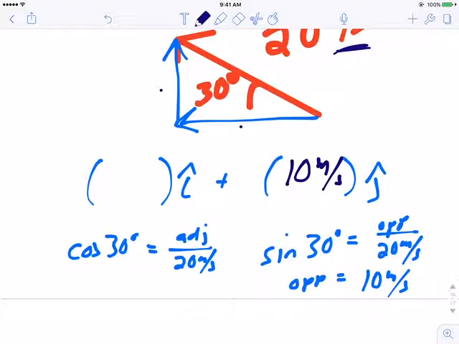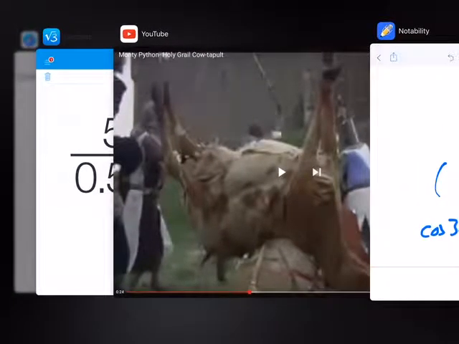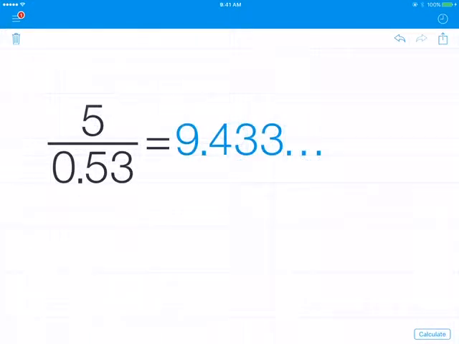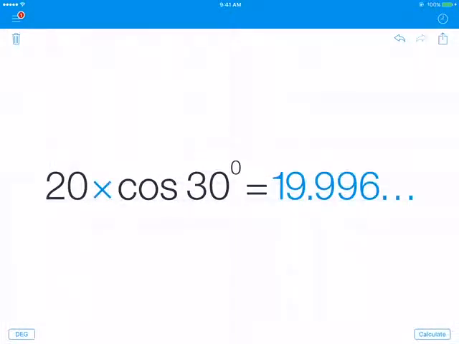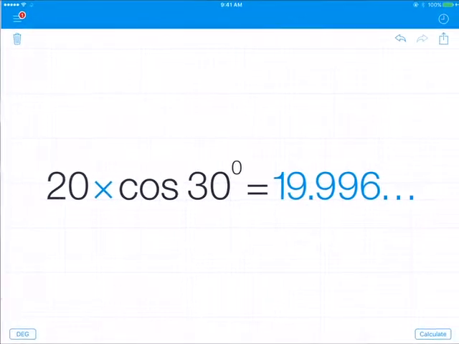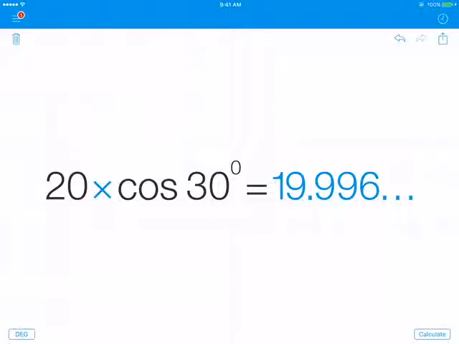All right, and then we're going to do this real quick. 20 cosine 30 degrees equal to... There we go. I'm going to hope that's not even right.